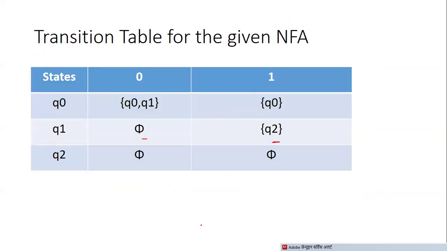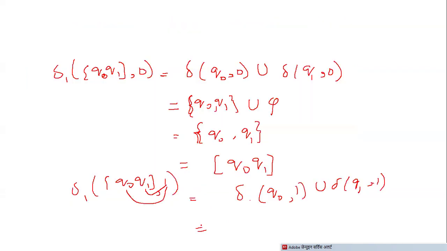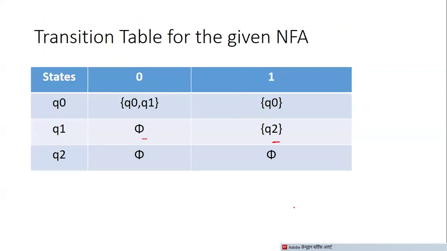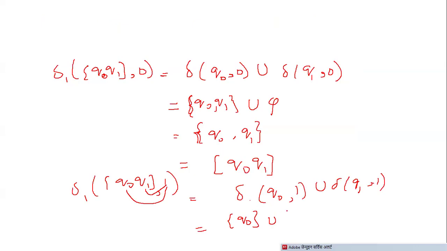Del of q naught comma 1 is q naught. So here put q naught, union del of q1 comma 1. Del of q1 comma 1 is q2. So when you union this, you will be getting q naught q2.